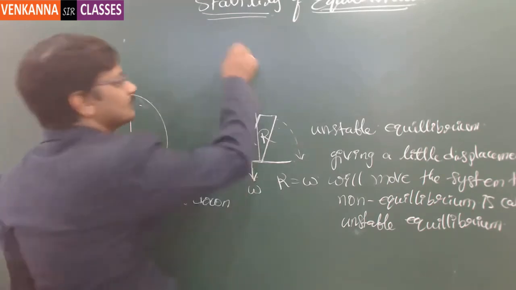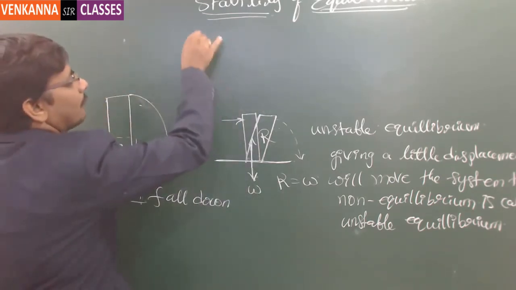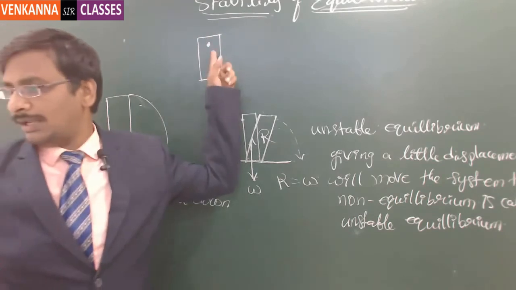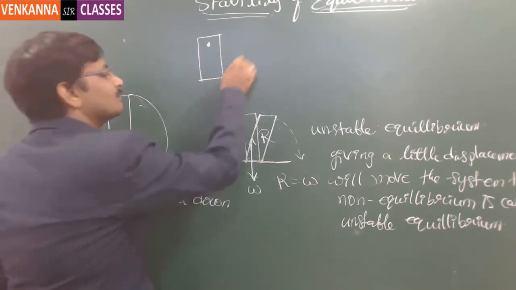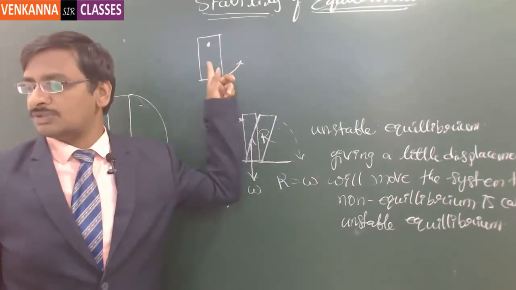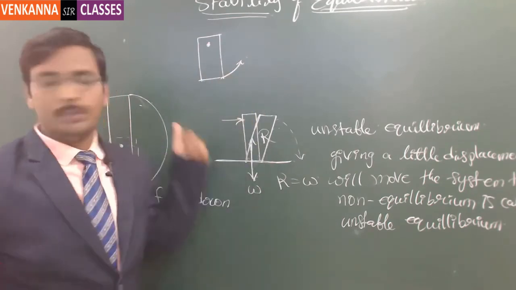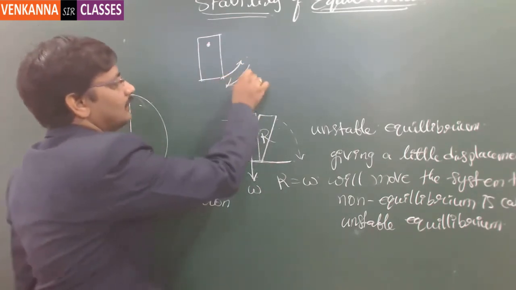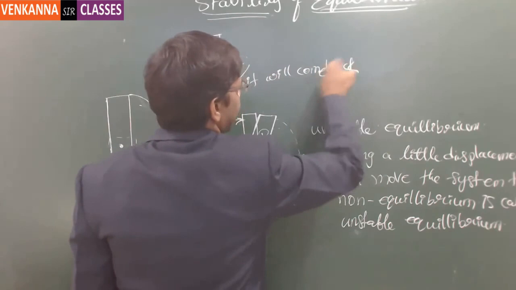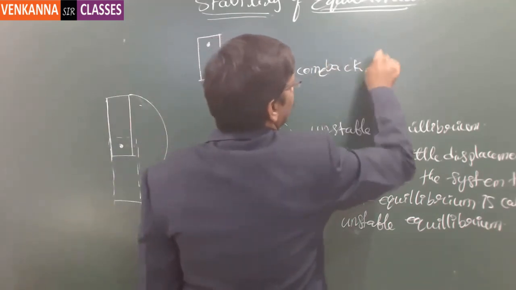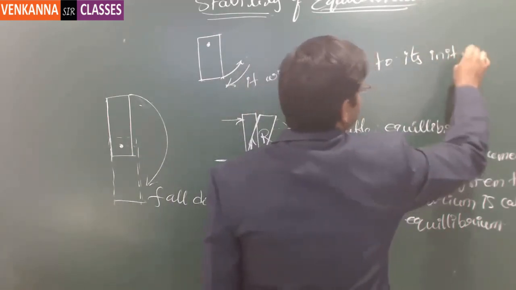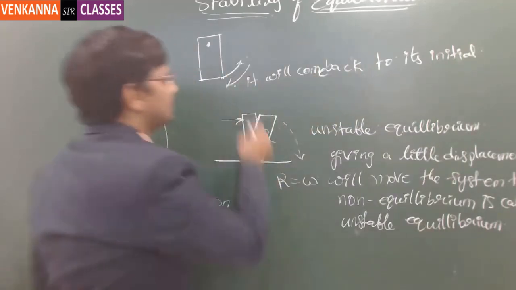Suppose I take the other case, the same thing, but the nail is on the top. This is how the wooden block is supported by the nail, and you have given a little displacement like this. Now what happens if I give a little displacement in this direction? The wooden block will come back automatically to its initial equilibrium condition.